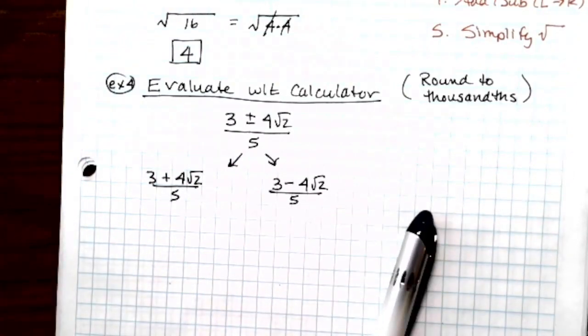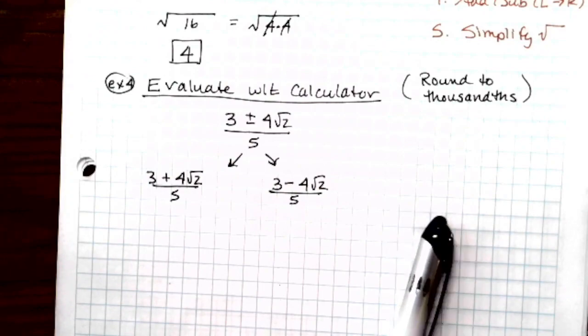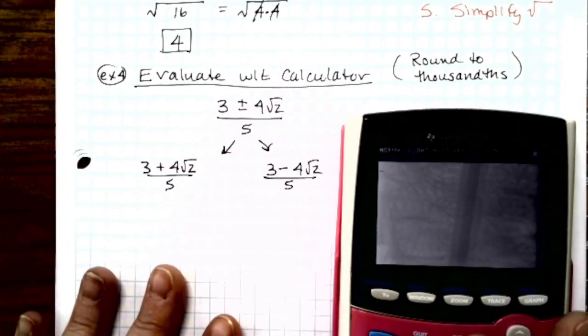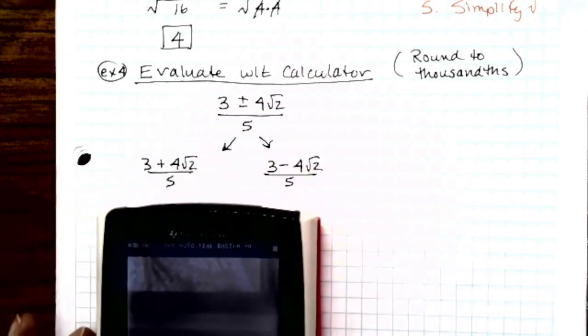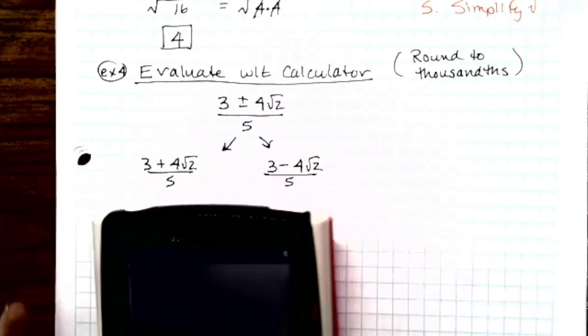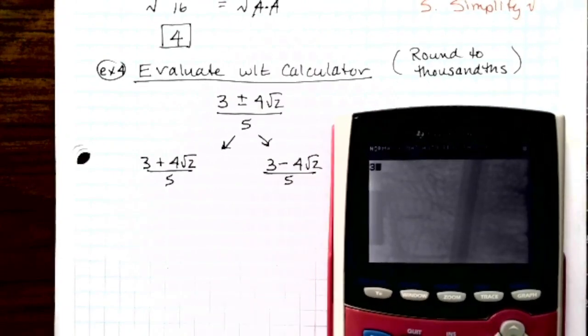All right, so at this point, you pretty much have to figure out your own calculator because each calculator is slightly different. If you have a left-right calculator or a calculator with parentheses, you can input the top part all in one piece. It's kind of hard to see, but 3 plus 4 square root of 2.